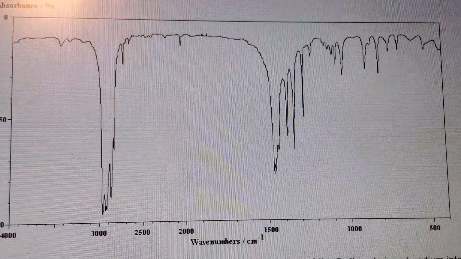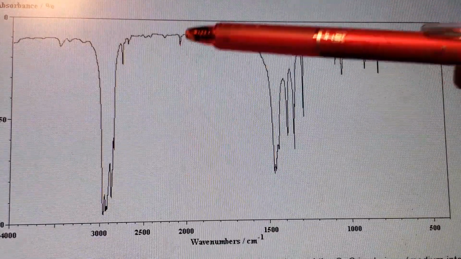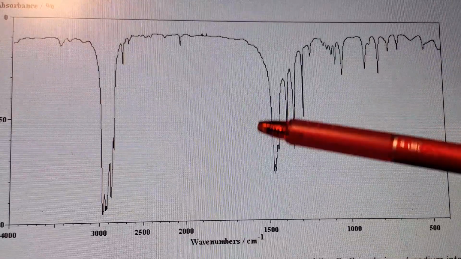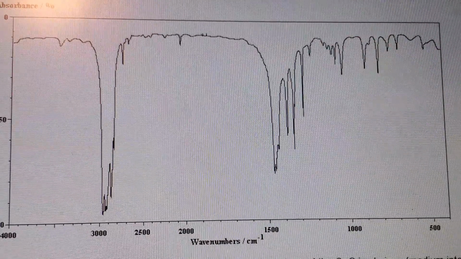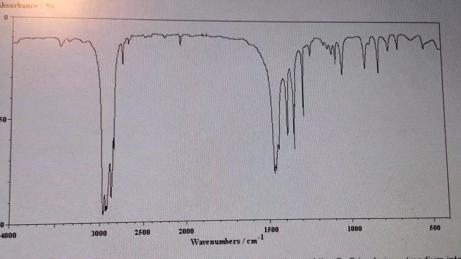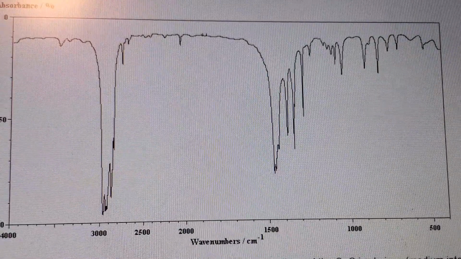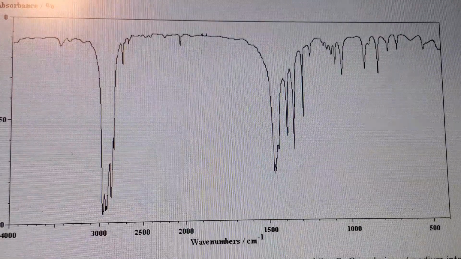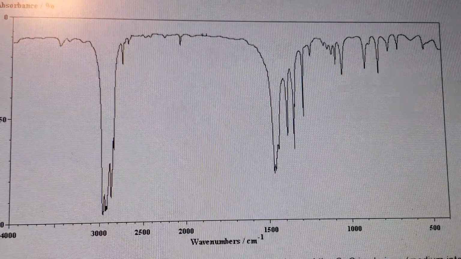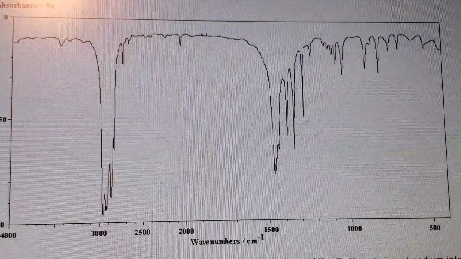And you see a little one and you want to ignore it. And you have a bending vibration, so you cannot do any more risky assignment. You don't want to match with anything. So you may say alkane, but the answer is actually this spectrum is from an alkyne.